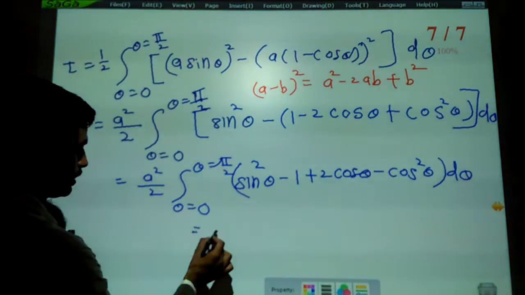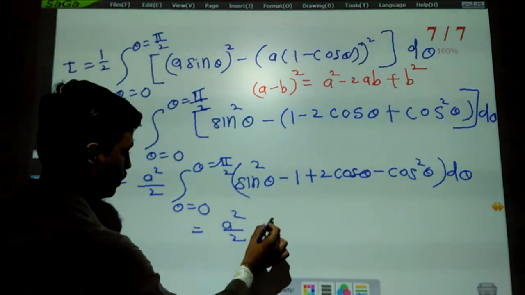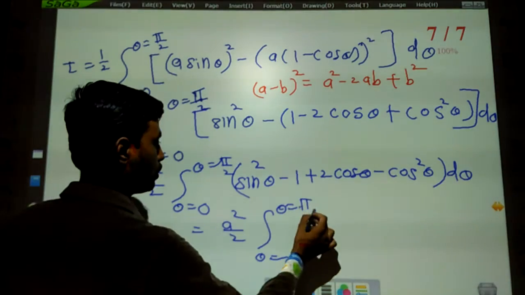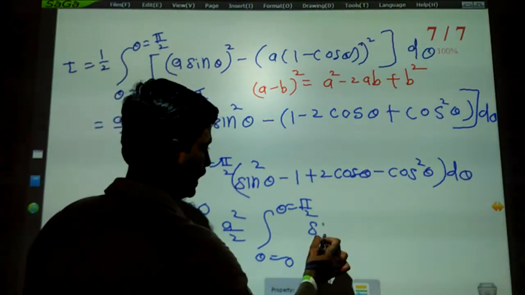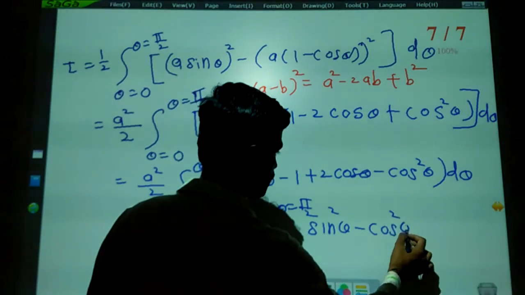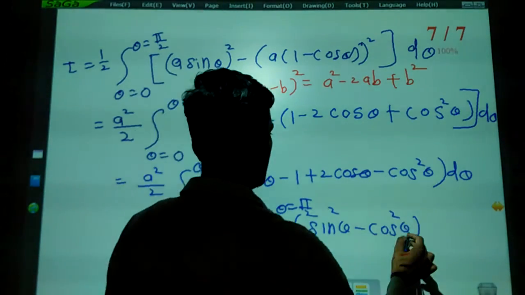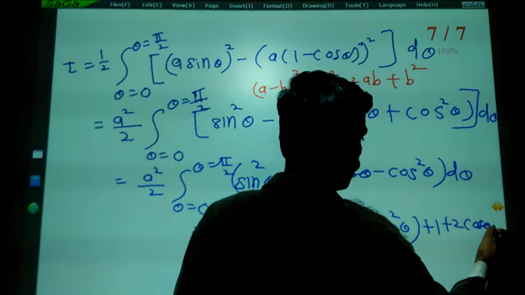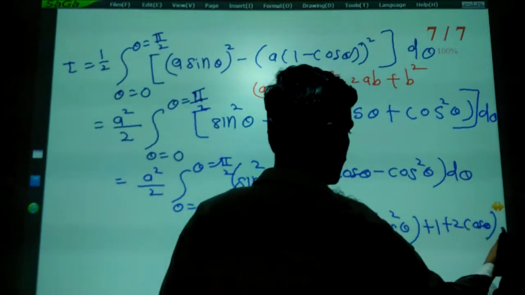So next, a square by 2, theta from 0 to pi by 2, sin square theta minus cos square theta, 1 plus 2 cos theta, d theta.